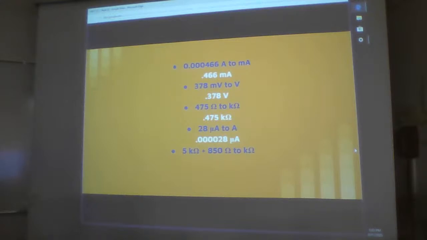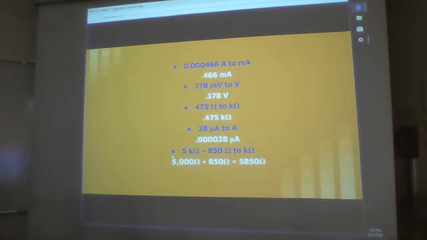Well, the easiest way to do that is if we know that we have 5 kiloohms, kilo meaning 1,000, then we would just multiply 1,000 by the 5 kiloohms. So that would give us 5,000 ohms. That converts both of these, the 850 and the 5, into ohms instead of 1 kilo and 1 ohms.